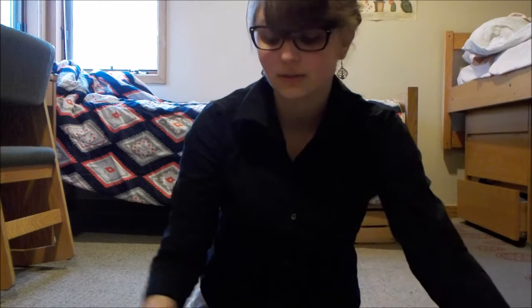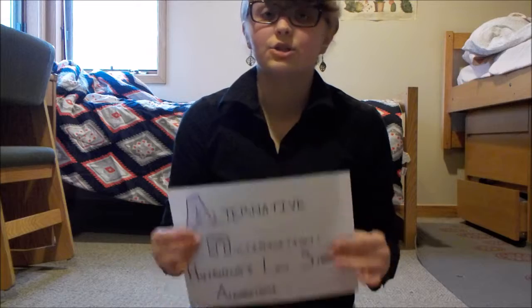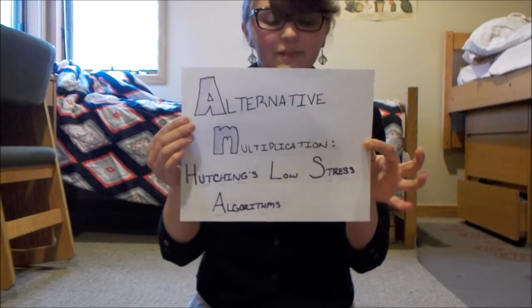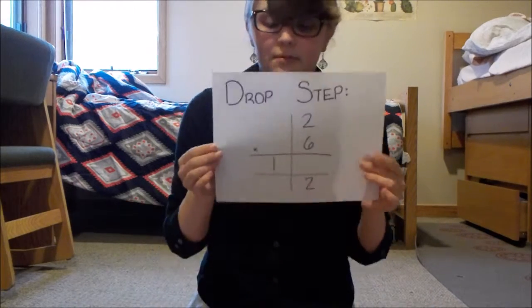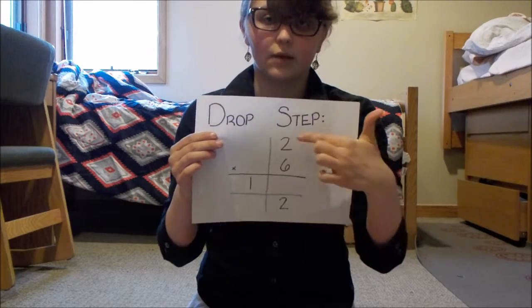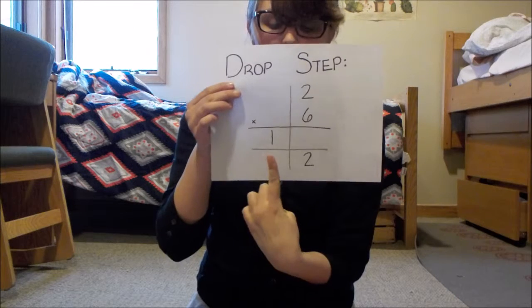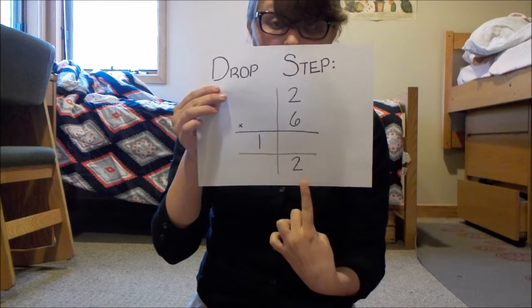Now, on to this amazing alternative. This alternative is called the Hutchings low stress algorithm. Before we start, you should know that this requires drop step. Simply for drop step, whenever you're multiplying, you put the larger place value on one line, and then you put the next place value on the next line.